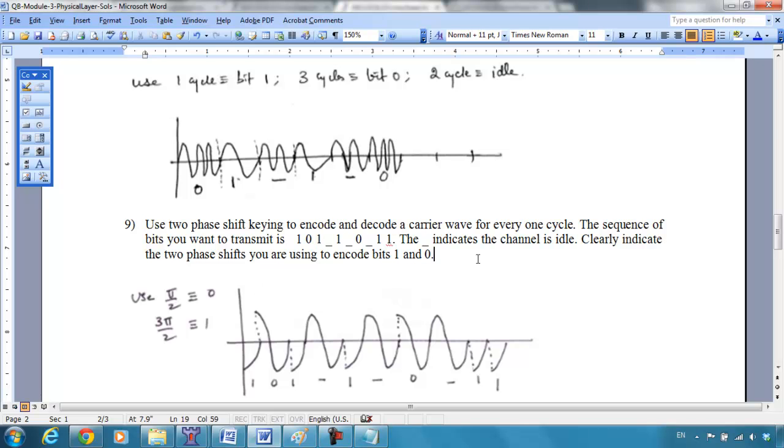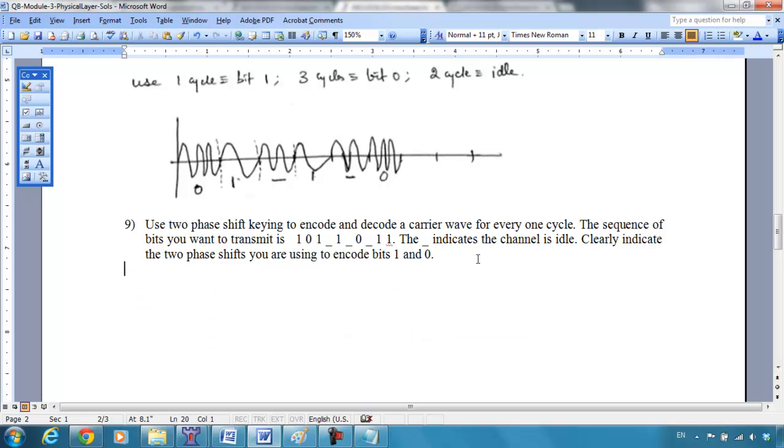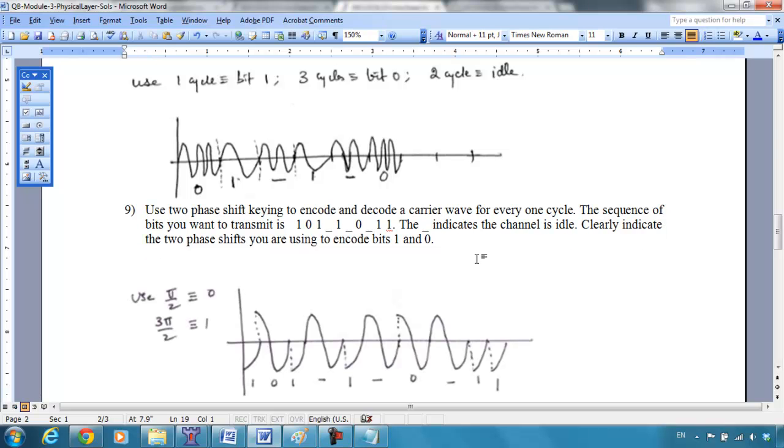So for pi over 2, basically, just simplify like this. Pi over 2 is you cut the first quarter and send the remaining 3/4.